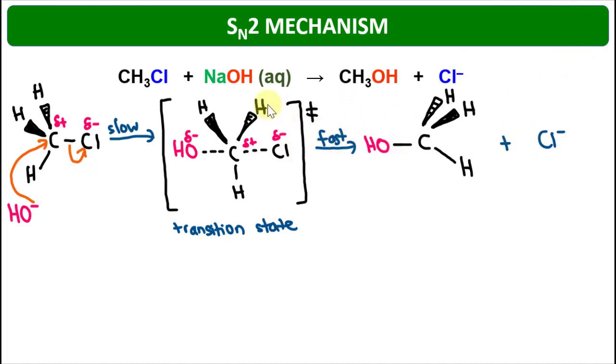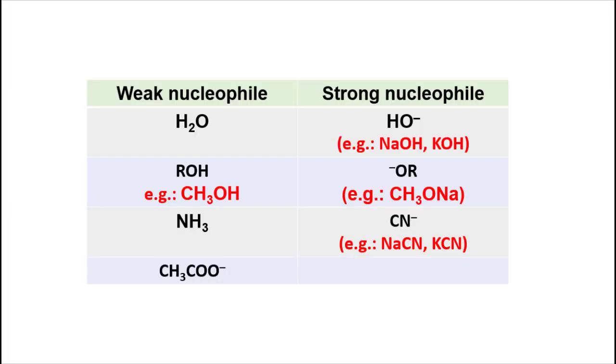Since the hydrolysis of chloromethane is a second order reaction, this means that both the chloromethane and the hydroxide ion, which is our nucleophile, are involved in the rate determining step, which is the slow step here. A species with a negative charge is usually a stronger nucleophile than a similar neutral species, except for the acetate ion.